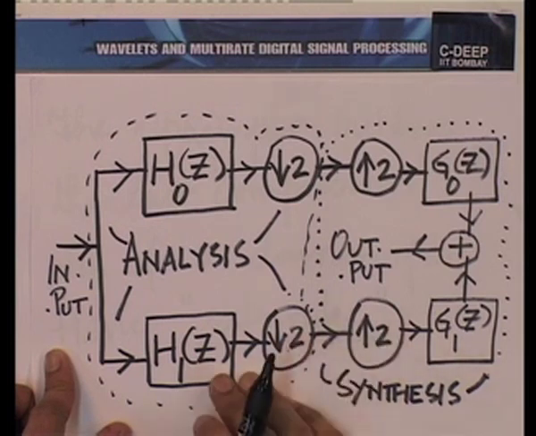Now, one can generalize this. You can have more than two sampling rates in the same system. In fact, you know, you might have different kinds of downsampling and upsampling operators. So, let us expand our view in that sense now.